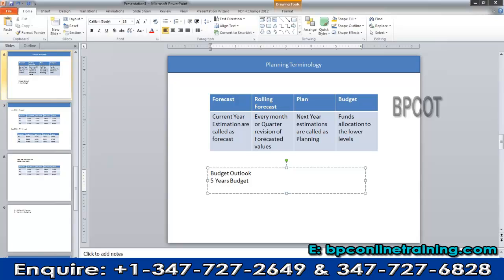They are calling it budget outlook. Budget outlook is nothing but their plan. They are doing next year plan using budget outlook, actually that is plan, they are calling it as budget outlook. Five years budget is basically plan only. It's basically strategic plan.